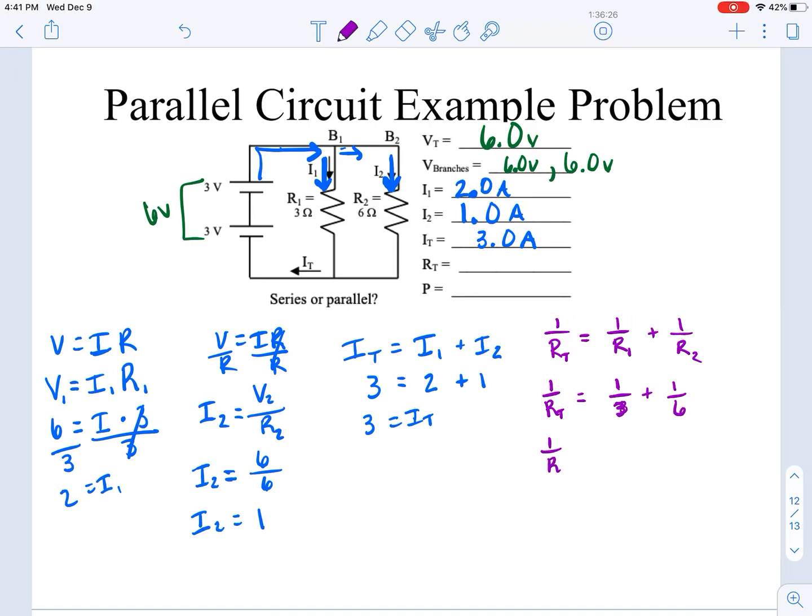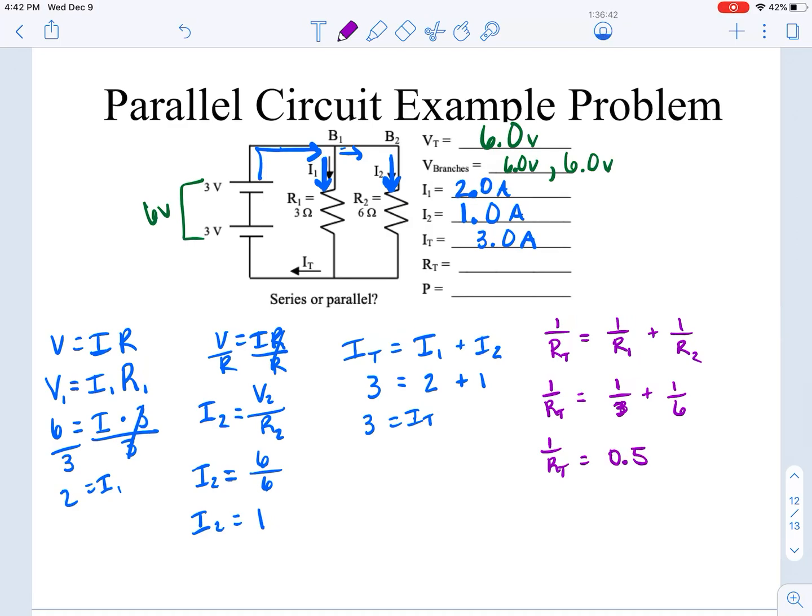I'll go ahead and calculate that out for y'all and tell you what it is. 1 over 3 plus 1 over 6 gives me 0.5.